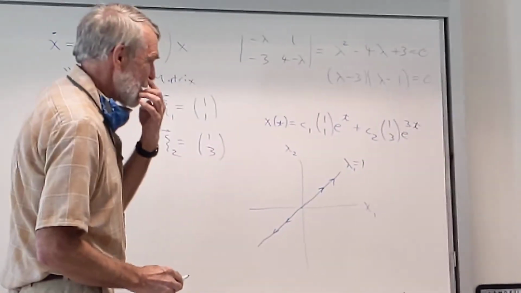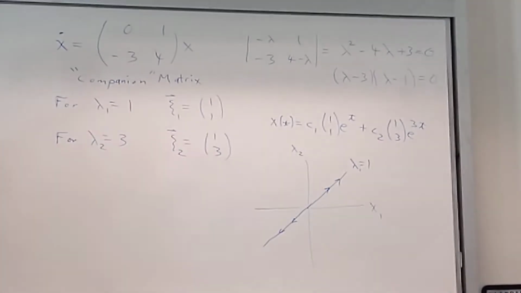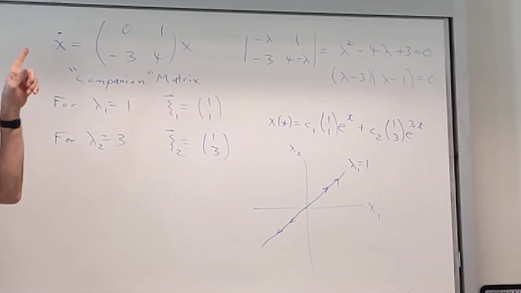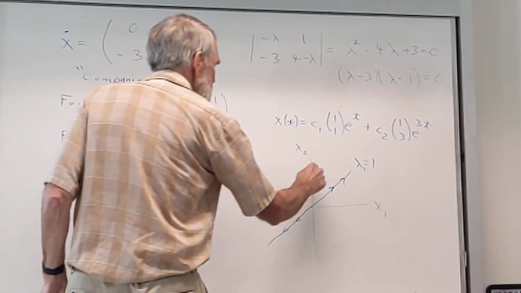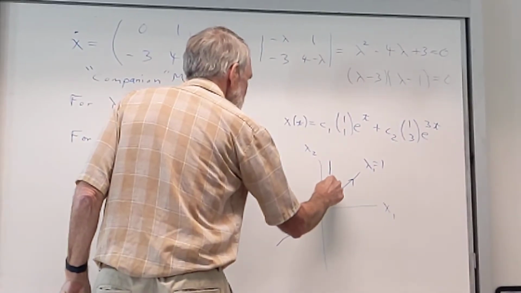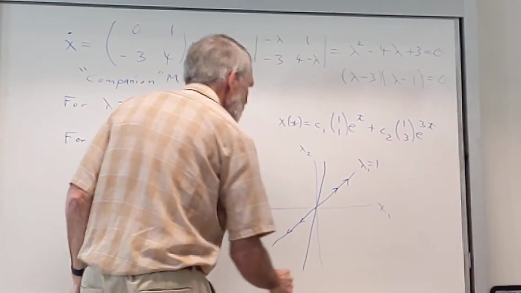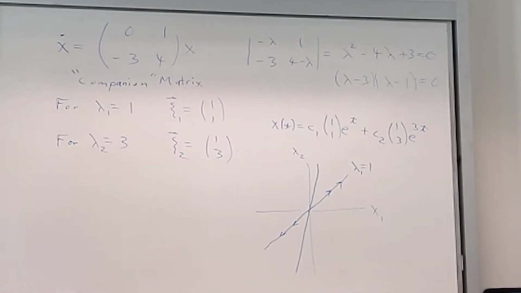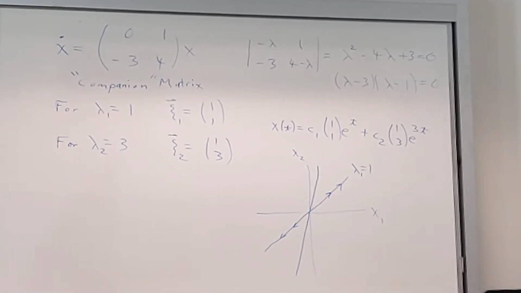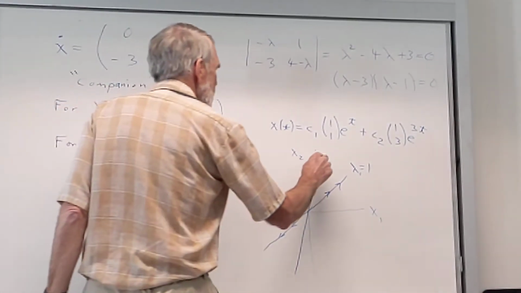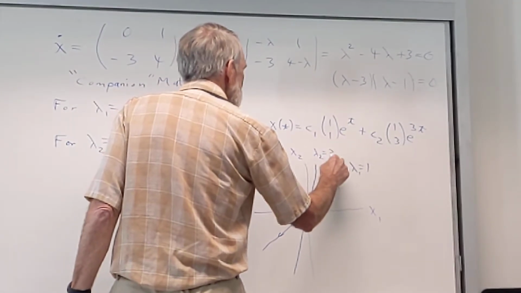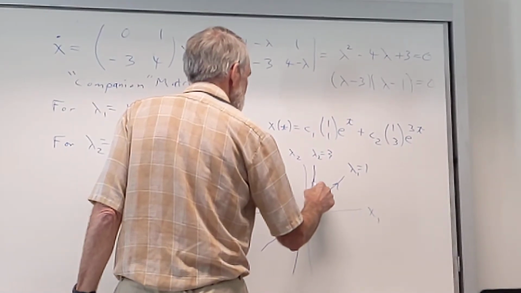Now the other eigenvector: we move 1 in the x direction, 3 in the y direction, basically. So let's put a very steep one right here. What about the direction of the arrows on this one? They're also going out. This is my lambda 2 equals 3, so we have these exponential growths here.